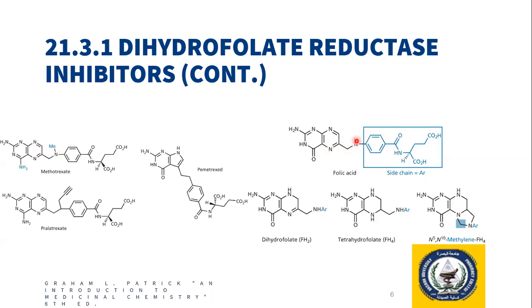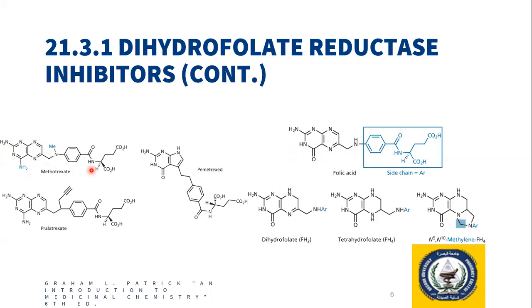Folic acid has hydrogen and one amino group. The folic acid has a carbonyl. Those provide more interaction with the enzyme. So that is how methotrexate acts as a competitive inhibitor for the dihydrofolate reductase.